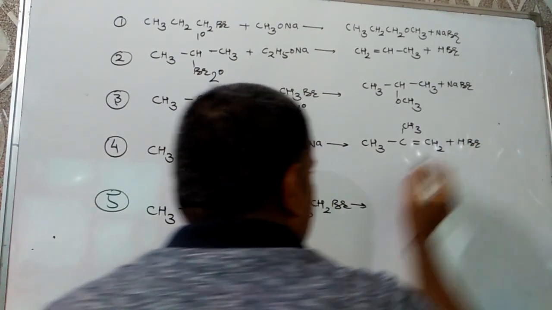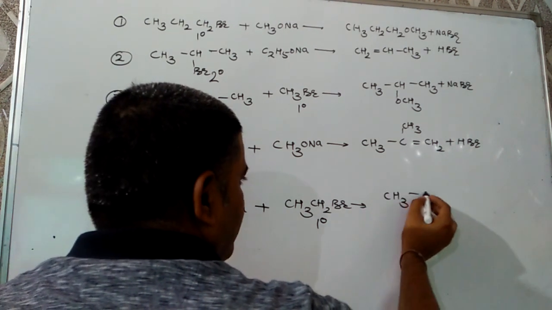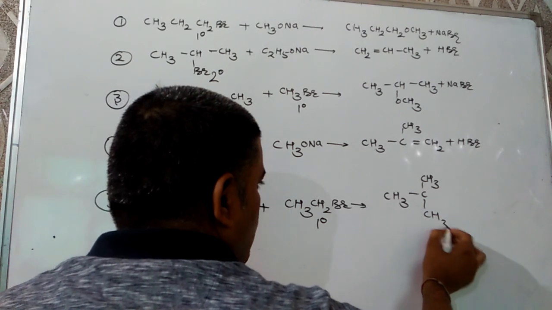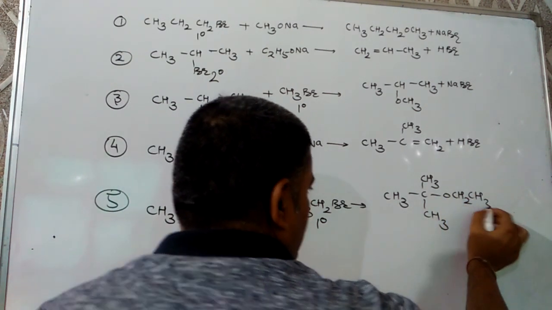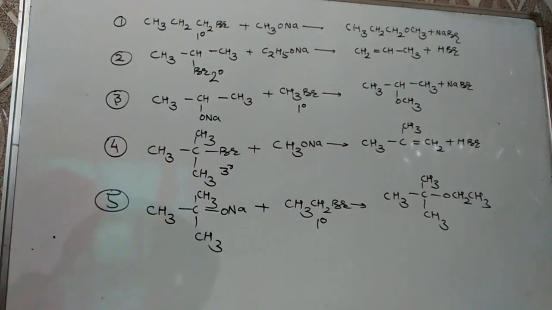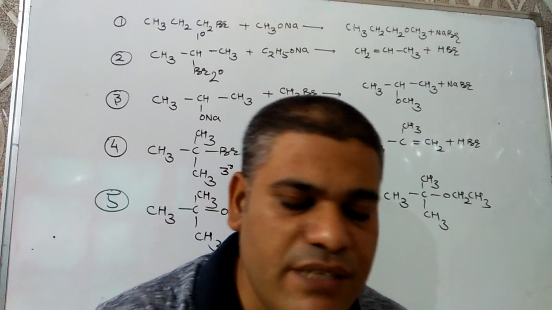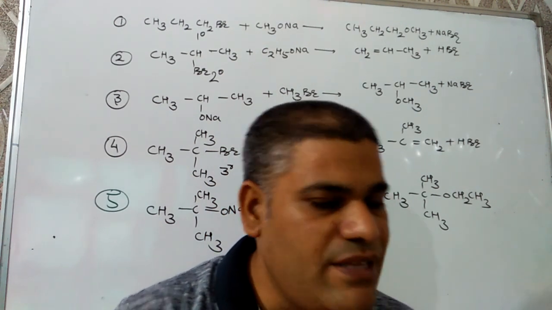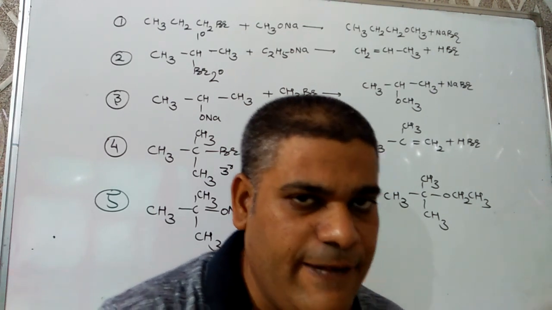And in the last case, the haloalkane is primary, so ether is formed: 2-ethoxy-2-methylpropane. I hope you understand this topic. Keep it in mind, during Williamson synthesis only primary haloalkanes will form ether, while secondary and tertiary will show elimination and form the alkene.